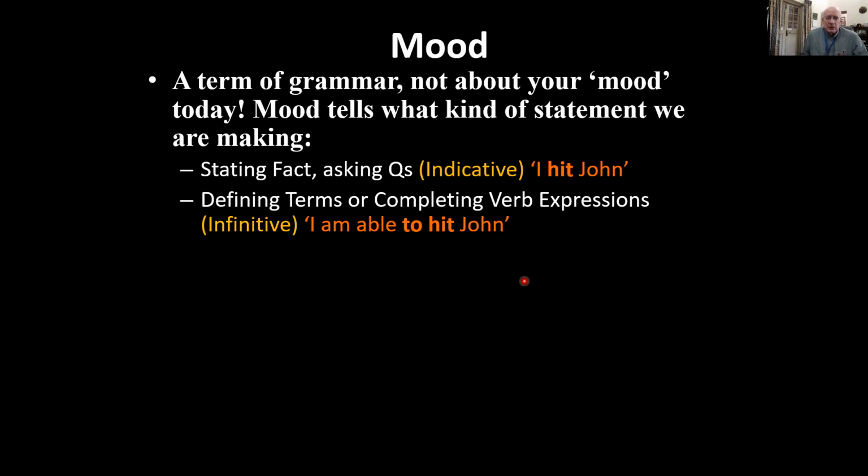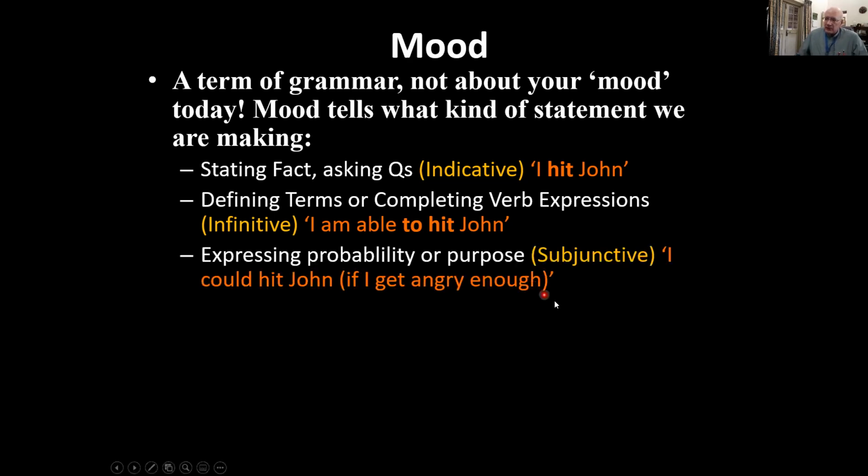You don't realize it, but now you are actually learning your fourth mood because we've already learned infinitives. I'm trying to think, perhaps this is our third. We'll get there in just a moment, whether it's 3 or 4.